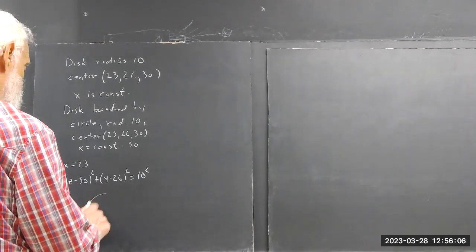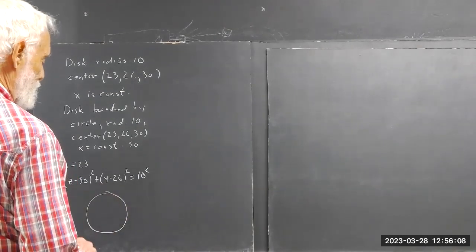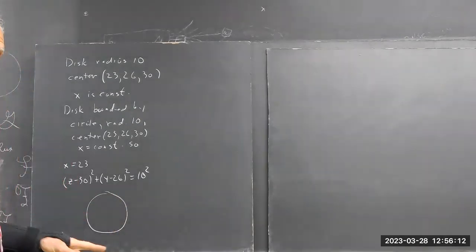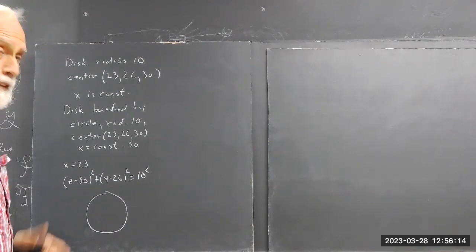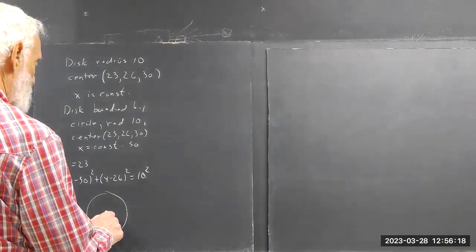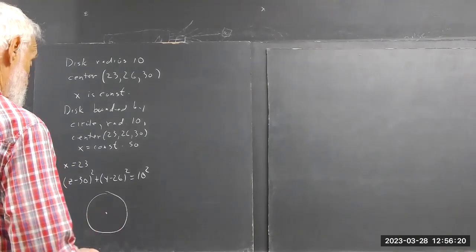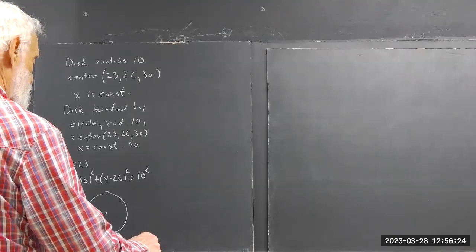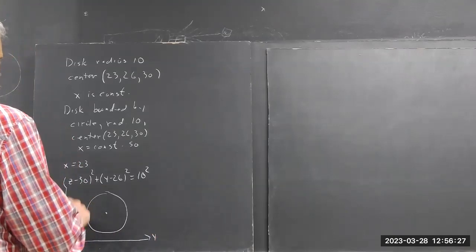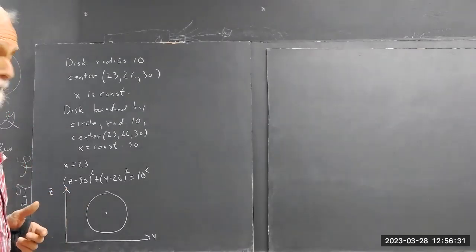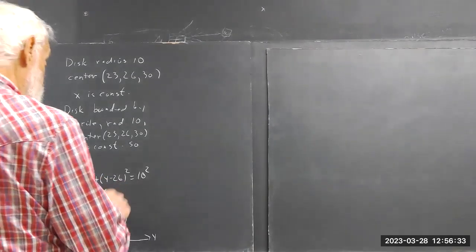So we do a picture. Here's a circle. Here's the center. Here's Y, and here's Z. Here's the equation of the circle.